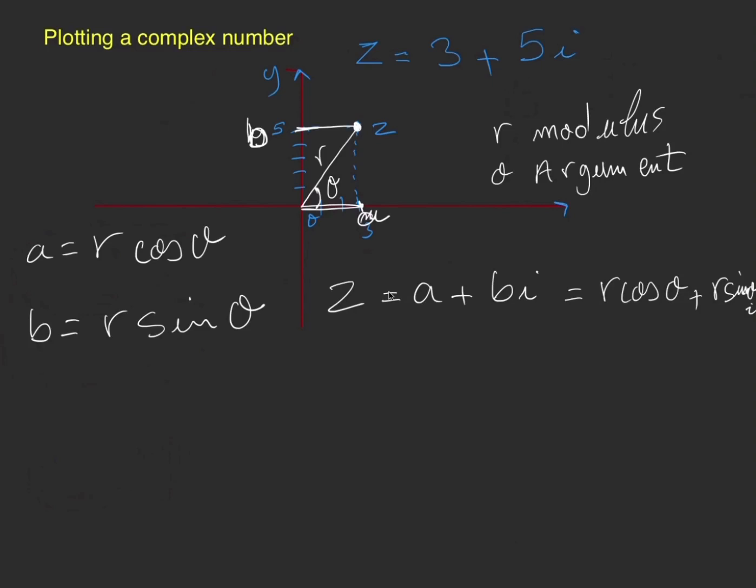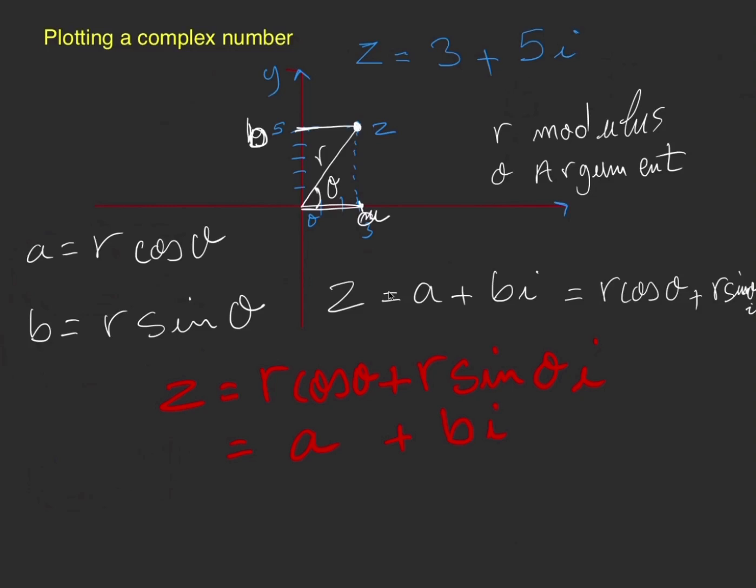So it's going to be just like this: z is equal to r cosine theta plus r sine theta i. This is how you can write a complex number, and it is equal to a plus bi.